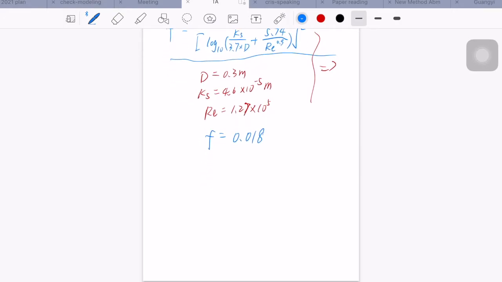And then from table 10.5, we can find the head loss coefficient for the pipe entries. And I think from table 10.5, r divided by D should be greater than 0.2 for this problem.